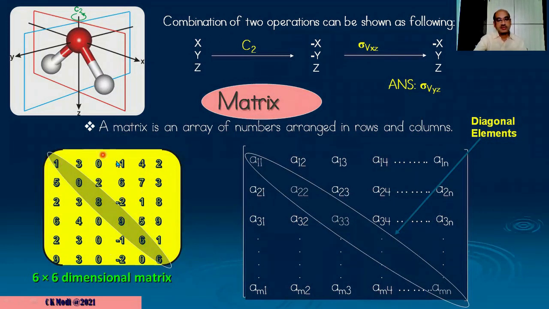Now this matrix, for example, 1, 2, 3, 4, 5, 6. So 6 rows and 6 columns, a 6 by 6 dimensional matrix. Now, what are the diagonal elements?